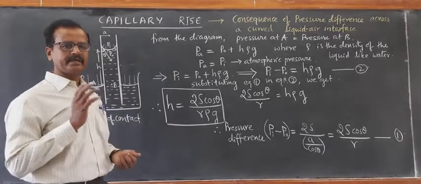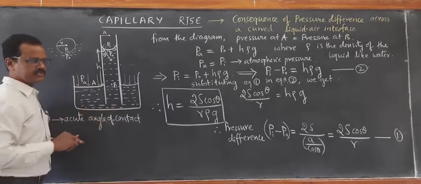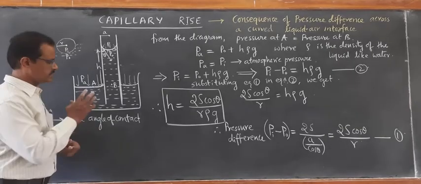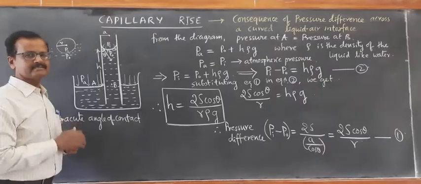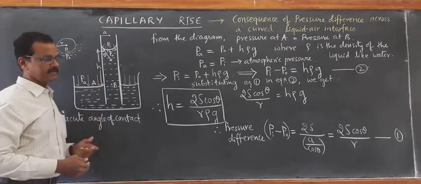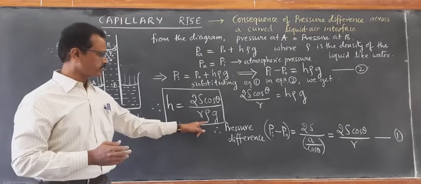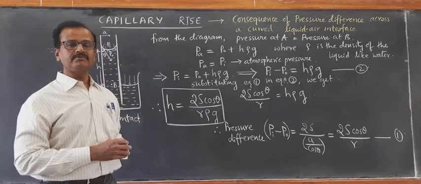For example, if you take water here, it will have some value of H. Instead of water, if you take kerosene of the same amount and dip the same capillary tube of the same radius, then the height of capillary rise will be more, because the density of kerosene is lesser than the density of water.